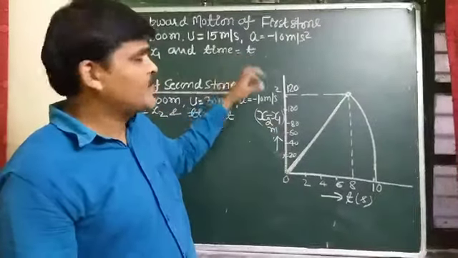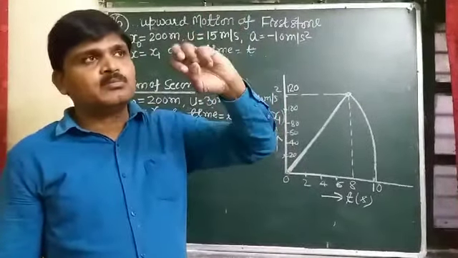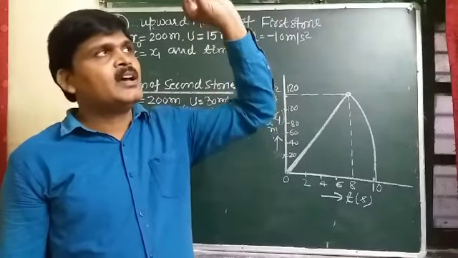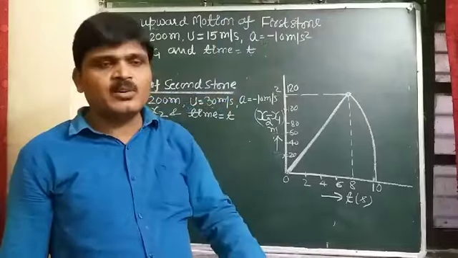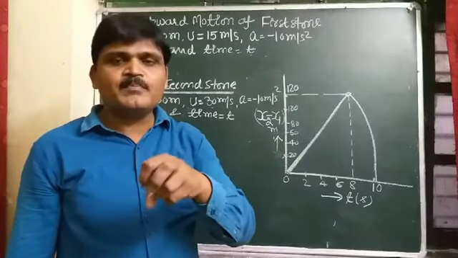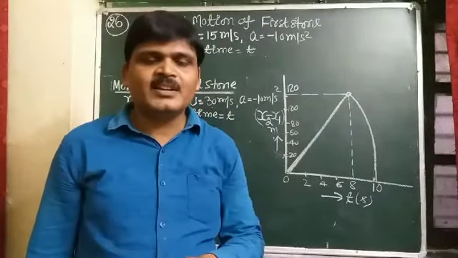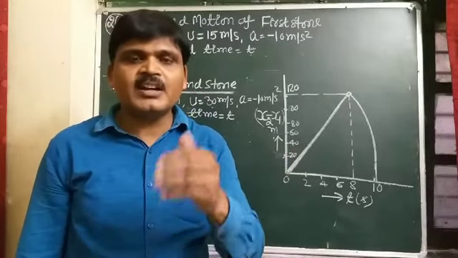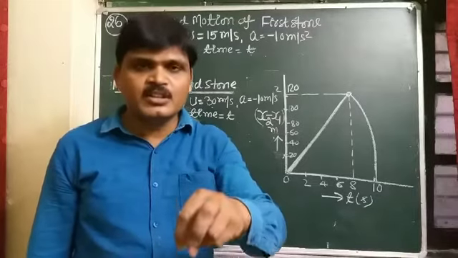So student, the first stone is thrown in the upward direction from a 200 meter high cliff, and when this stone hits the ground, its displacement after time t is 0.